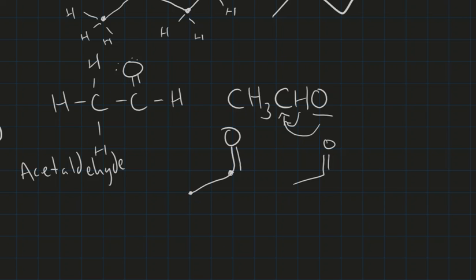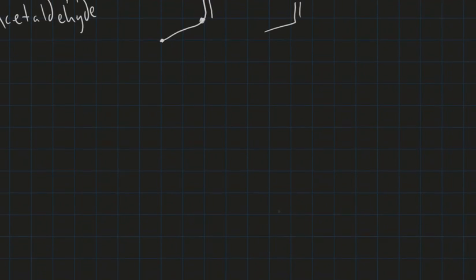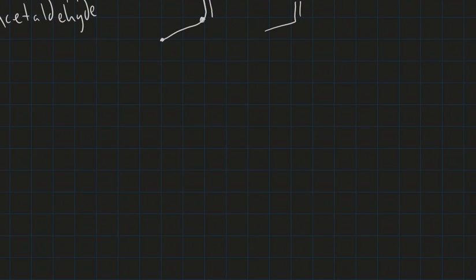So there's one more thing I want to review here, and it's the different structures that you might see within these different line angle formulas. So let me draw one for you that tripped me up at first, and it looked like this. Now, that would trip you up too, I'm sure. And what this is, is neopentane. And how we read it is that there's a carbon at every end and every bend.